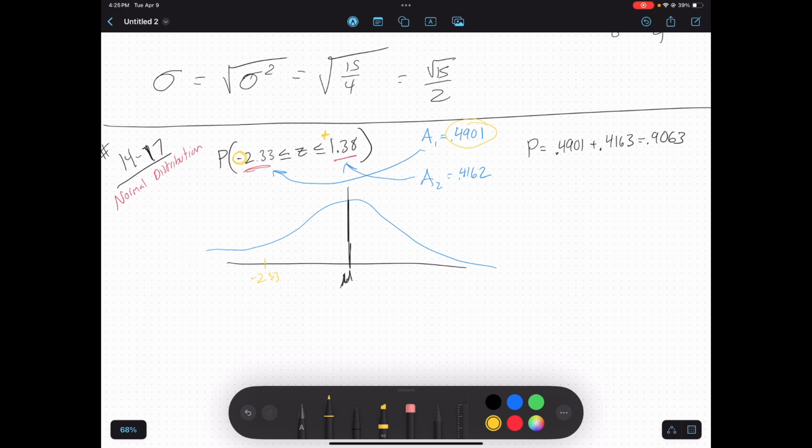That 0.4901 represents this area. Here's your 1.38 z-score. That 0.4162 represents this area. And notice it wants the probability that it's between those two. So what do I do? I add them together.